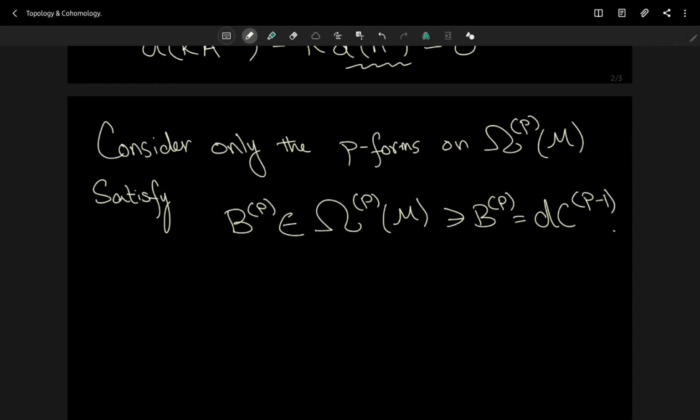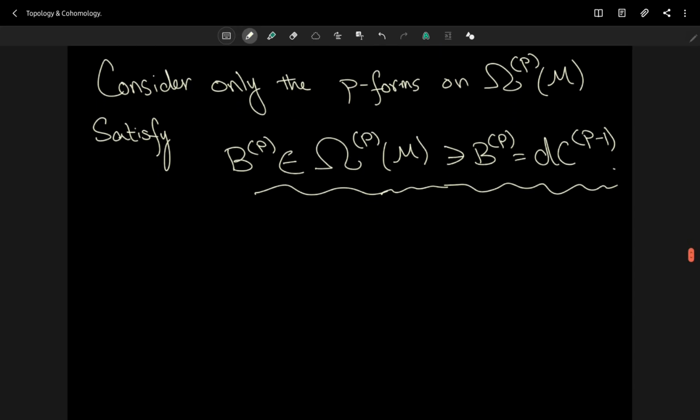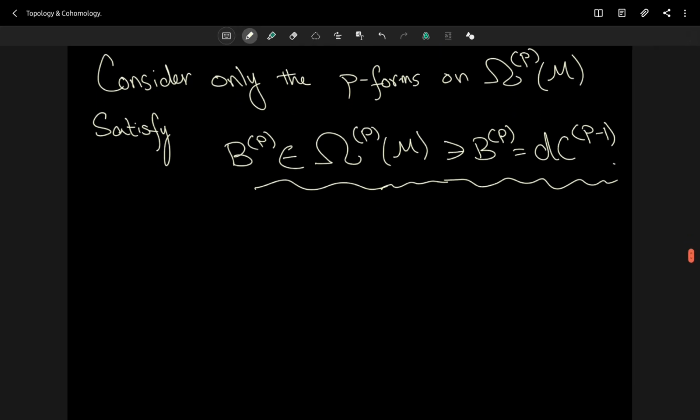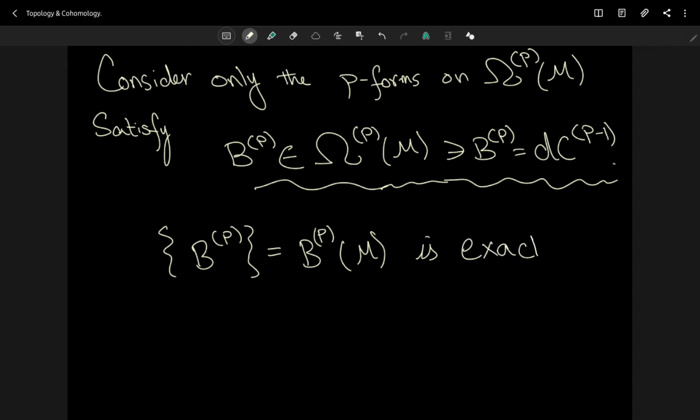If this condition is satisfied, then we say that the set of these forms, that is B P of M, we call that this is exact. So it's an exact form, if this thing is true, right?